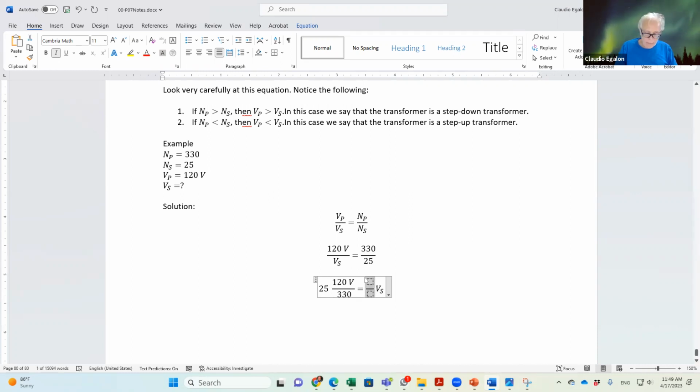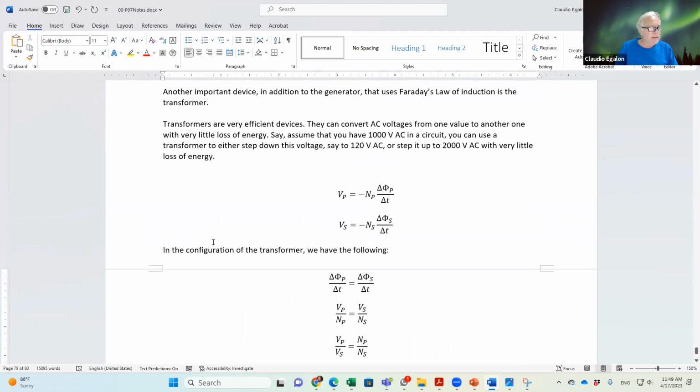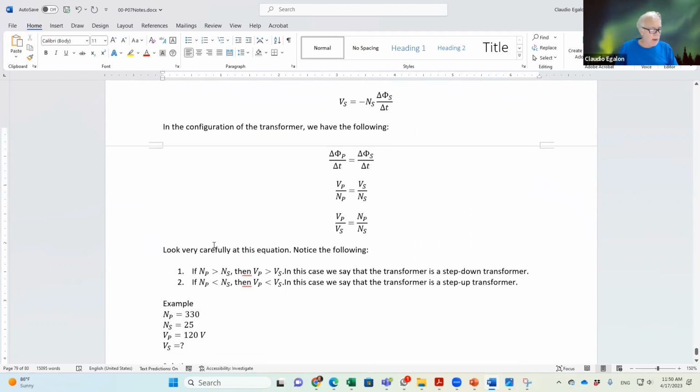Okay, like that. If you do the math, and it's in the book, we get 9.1 volts. But it's going to be alternating current. You can do that only as alternating current, okay? You cannot do that with direct current. This is step down.